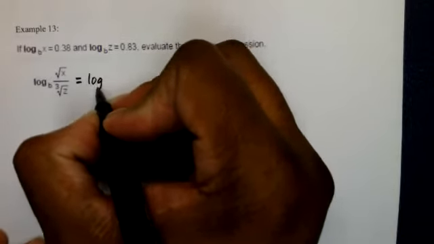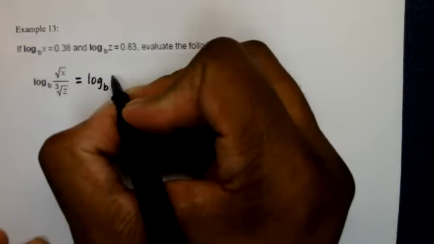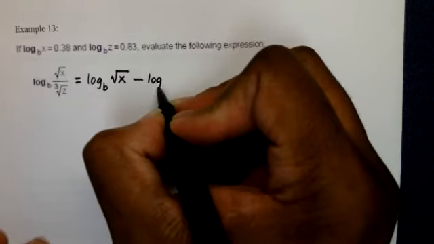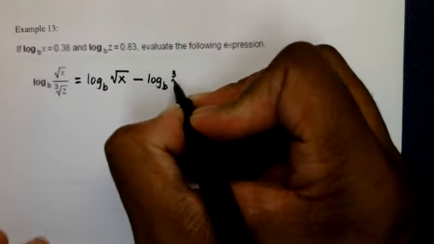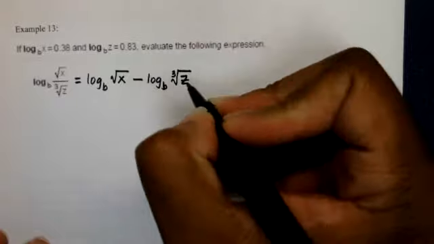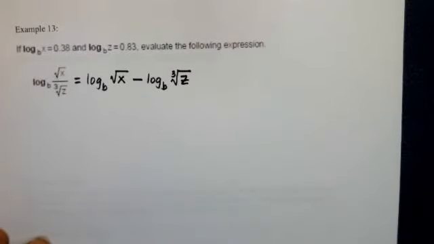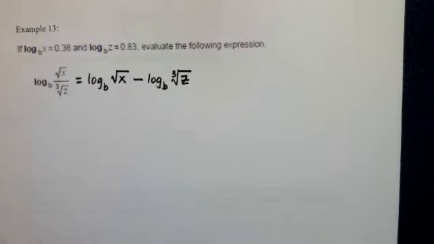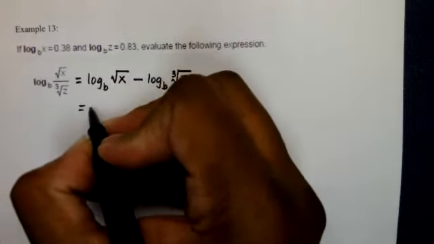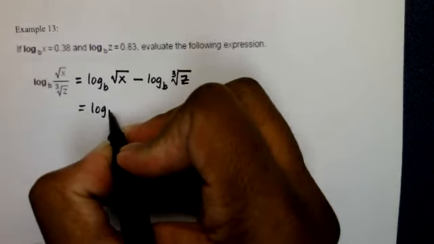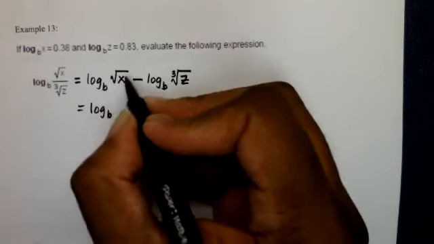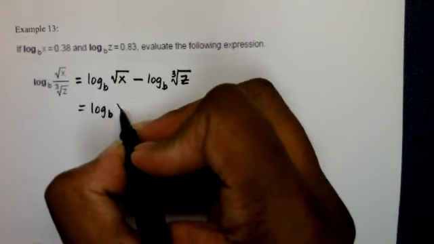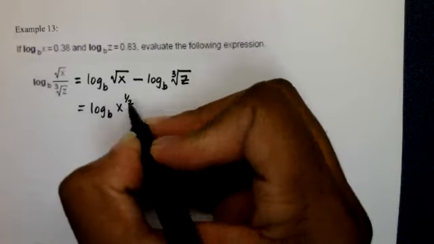So here, this will be log to the base b of the numerator, that's the square root of x, minus log to the base b of the denominator, that's the cube root of z. Now, I'm going to write these radicals in their equivalent exponential form. Log to the base b of square root of x, if I write that in its equivalent exponential form, it will be x to the 1 over 2.